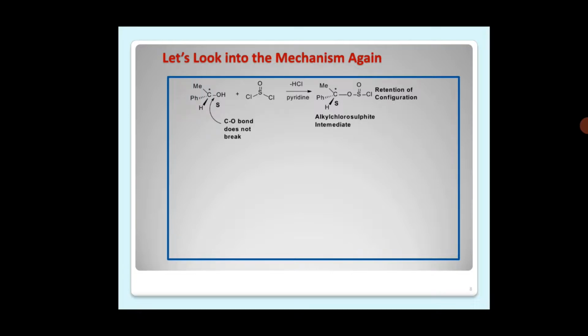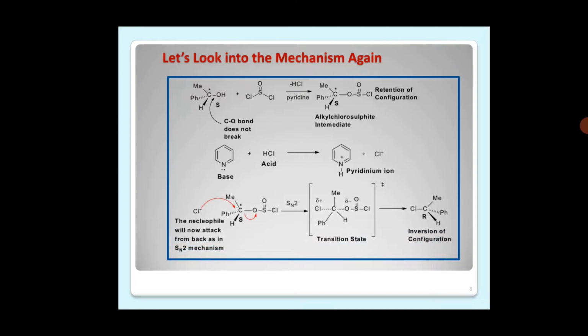Since it acts as a base, it reacts with HCl to form pyridinium salt and chloride ion. It is this chloride ion which now acts as a nucleophile. The difference here is that this chloride ion is present throughout the reaction mixture.